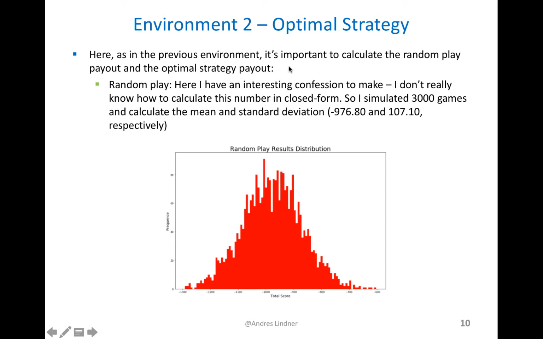And I calculated the mean of this score and the standard deviation. It's actually, this is the exact number, minus 976.8 with a standard deviation of a bit more than 100. So let's say roughly it's minus 1,000 points per game if you play randomly, okay?